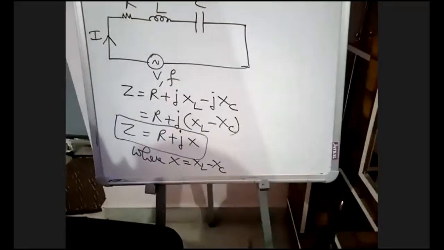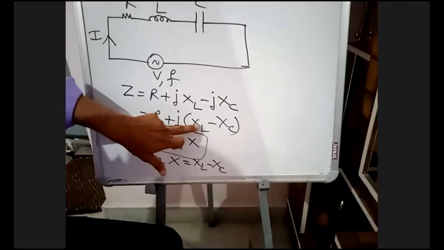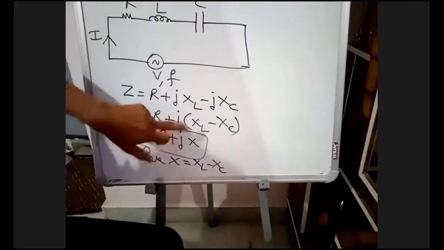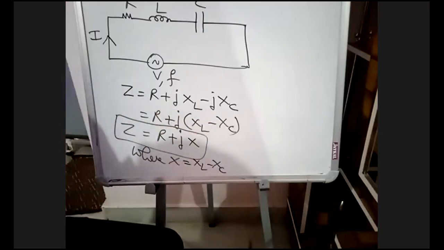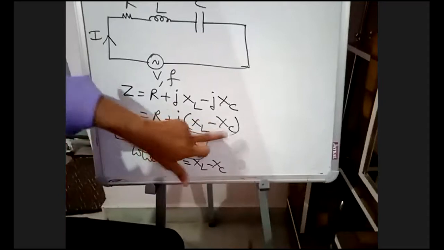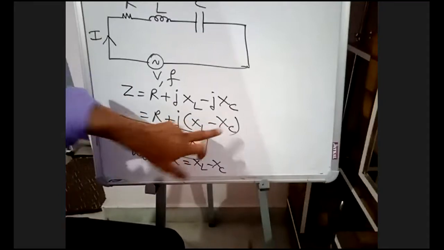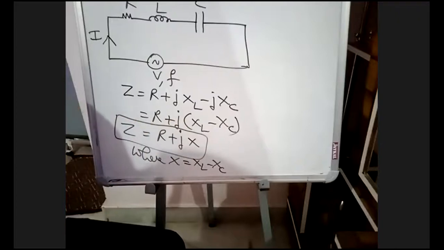If XL is greater than XC, your circuit is mostly inductive and the power factor will be lagging. If XL is less than XC, your capacitance is greater than inductance. That is, it is a capacitive circuit and your power factor will be leading.